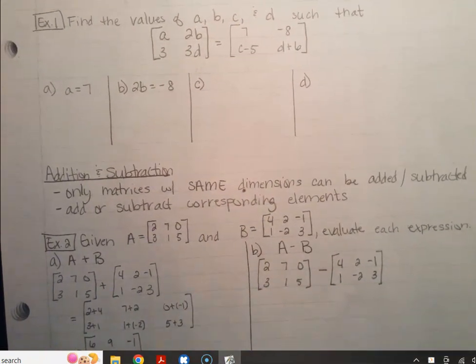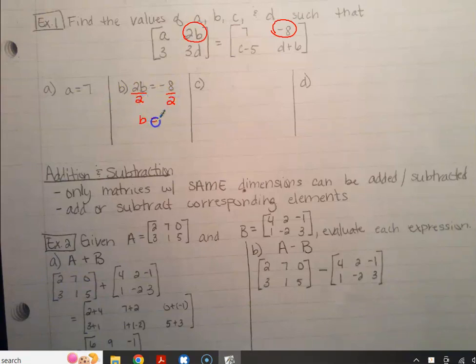We already did it: A equals 7. Great. So 2B corresponds with -8, so we can set up this equation: 2B is equal to -8, and we can solve that. We can divide by 2 on both sides, and we get B is equal to -4.